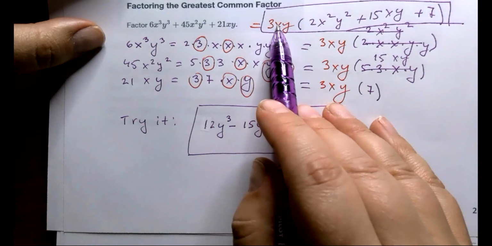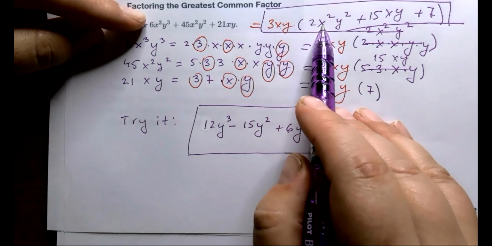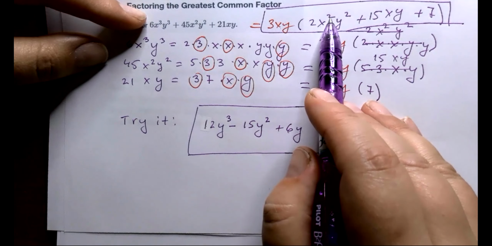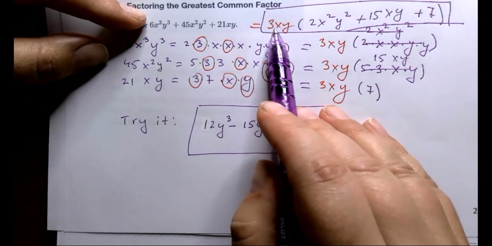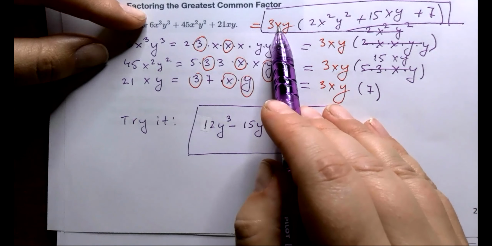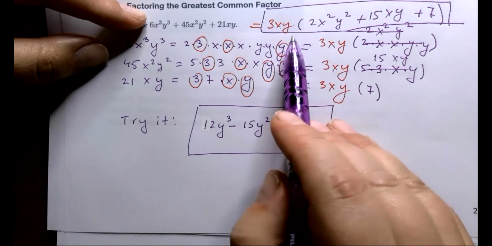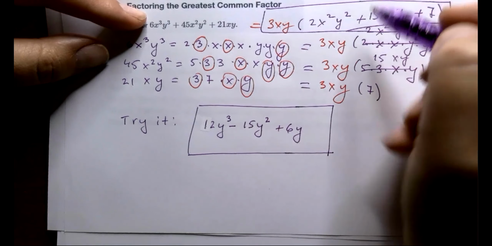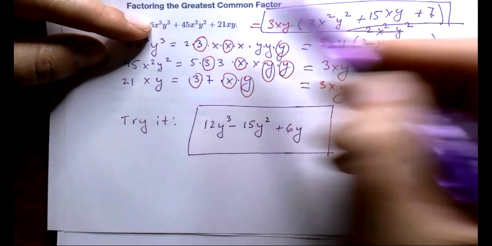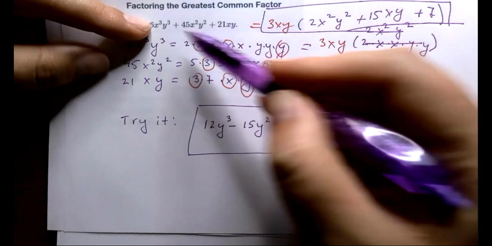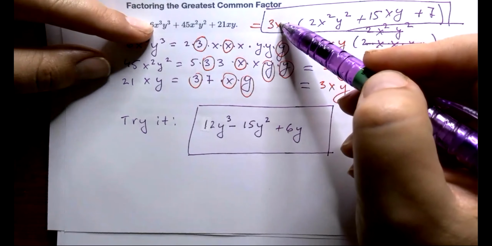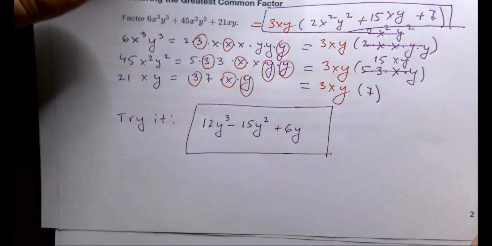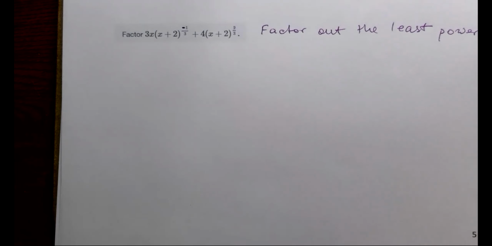Now, when we pulled out 3xy, we have 2x squared y squared. So the power went down. Now, it went down how much? Exactly how many factors of x we pulled out. So by 1. And here, the power on y is reduced by 1. So this 2, it used to be 3 minus the one that we pulled out. So this is a very important concept that we're going to use for this problem.